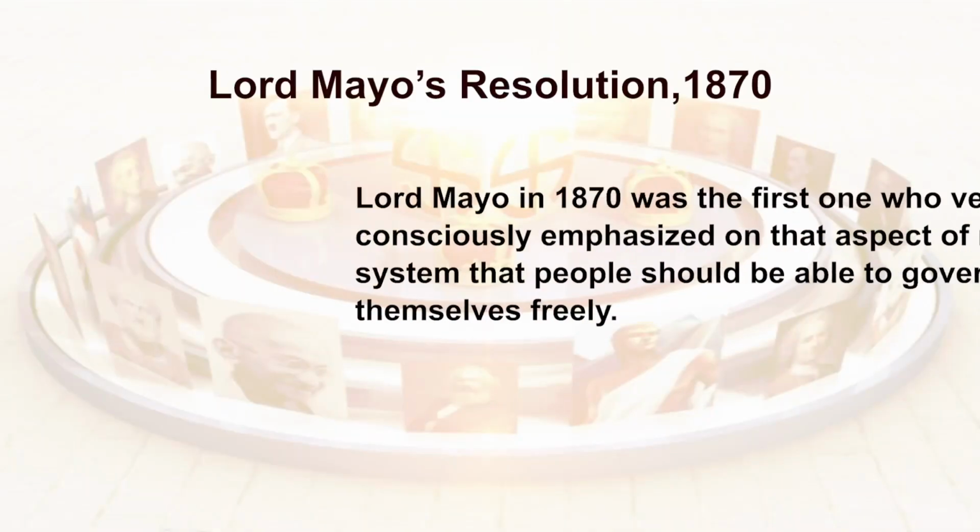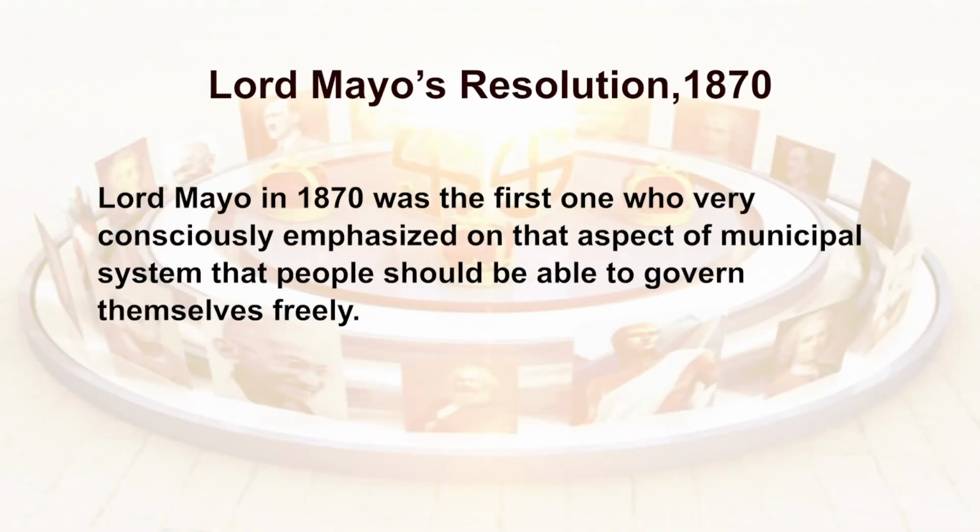because today we equate local bodies, either in urban areas or in the rural areas, with the idea and practice of self-governance. And Lord Mayo in 1870 was the first one who very consciously emphasized that aspect of the municipal system, that people should be able to govern themselves freely, the concept of self-governance.